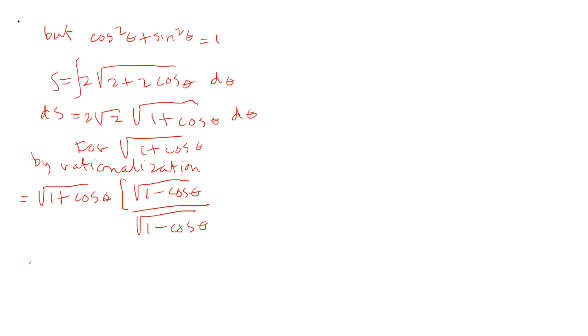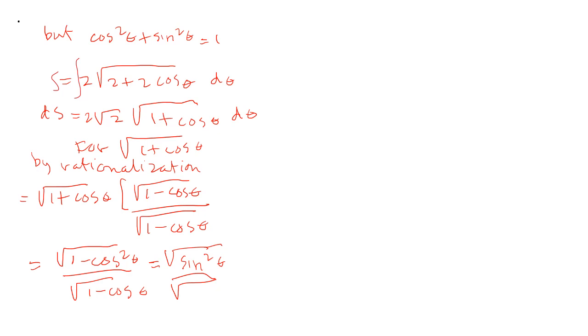That becomes the square root of 1 minus cosine squared theta over the square root of 1 minus cosine theta, equivalent to the square root of sine squared theta over the square root of 1 minus cosine theta.